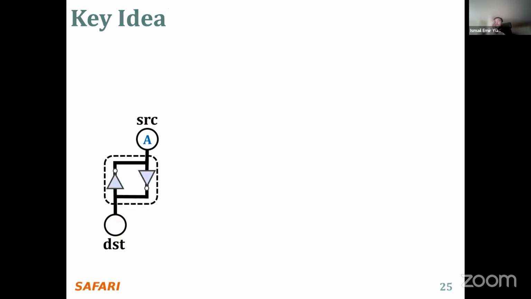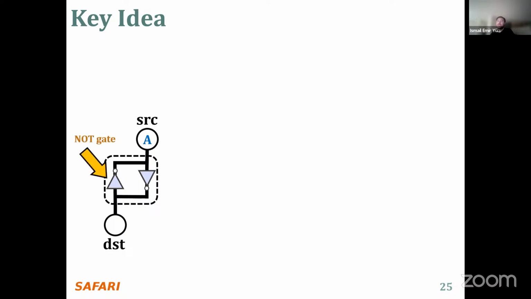In this operation, we will leverage multiple row activation. Here we have two cells, SRC, which we call source, and DST, which we call destination, and they're in neighboring subarrays. Now we are focusing on only cells to understand the key idea.